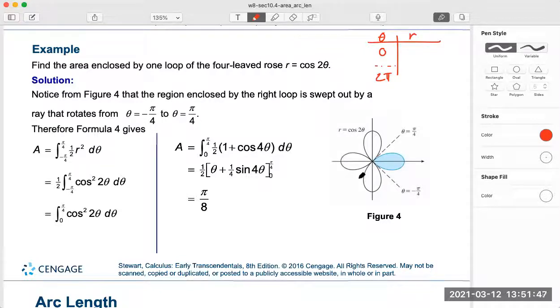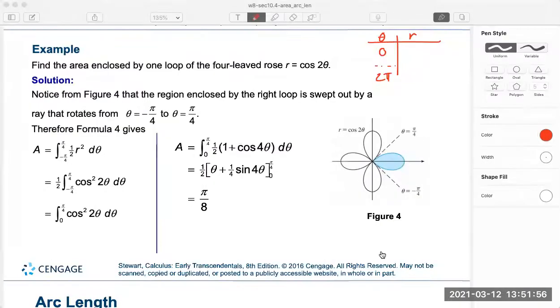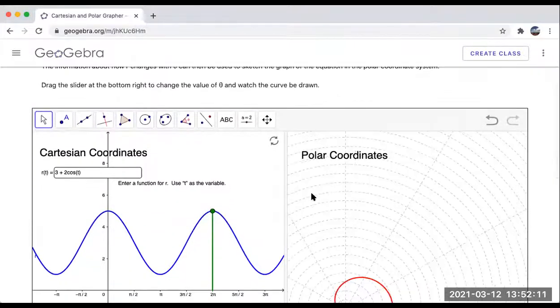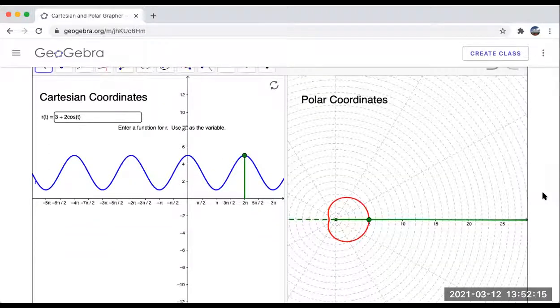If you practice at home, remember that we have this website. Okay, here, let me share this screen. This website allows us to graph a function in polar coordinates.